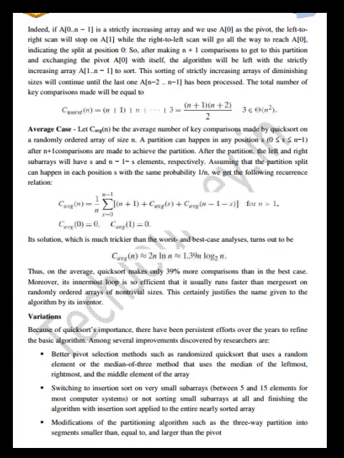Switching to insertion sort on very small subarrays, between 5 and 15 elements for most computer systems, or not sorting small subarrays at all and finishing the algorithm with insertion sort applied to the entire nearly sorted array. Modifications of the partitioning algorithm, such as the three-way partition into segments smaller than, equal to and larger than the pivot.